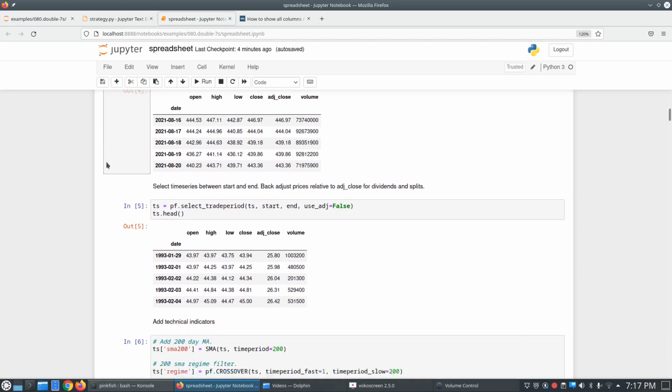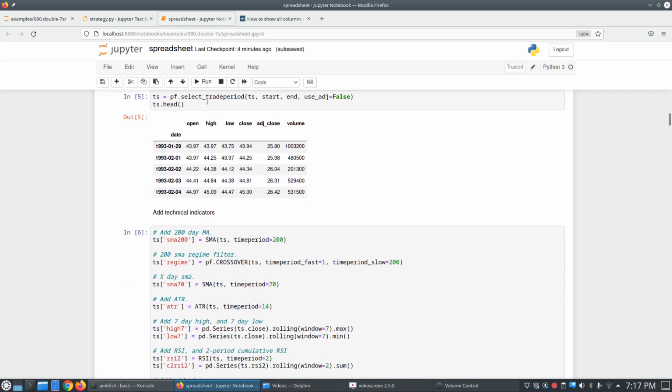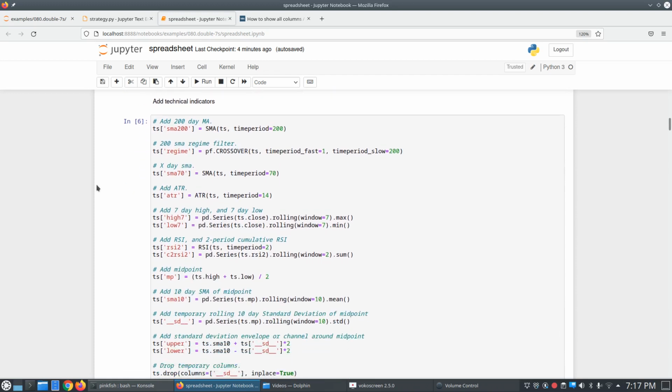So after that, we select the trade period, and we're going to set use adjusted prices equal to false. Then we add technical indicators.